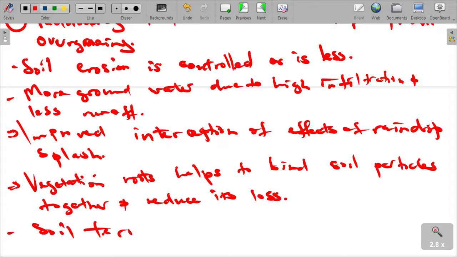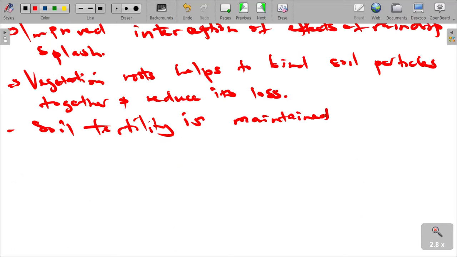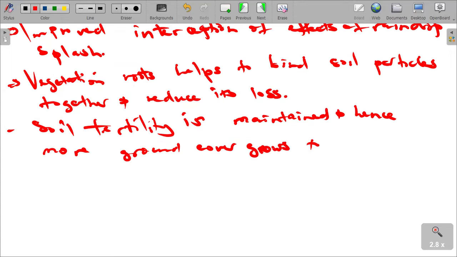Soil fertility is maintained. And then if soil fertility is maintained, more ground cover grows to protect the land.